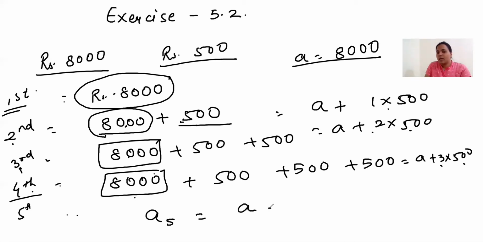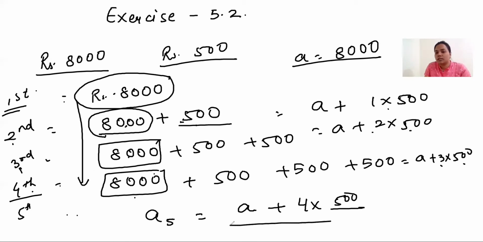We will write A plus 4 into 500. By observing the sequence that is going on, we can say that the fifth term will be A plus 4 into 500, or I can write it as A plus 5 minus 1 into 500. And what is 500? This is d, our common difference.